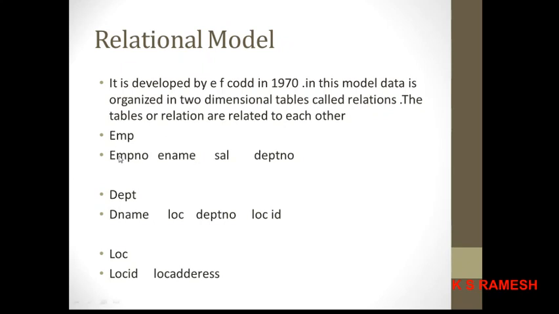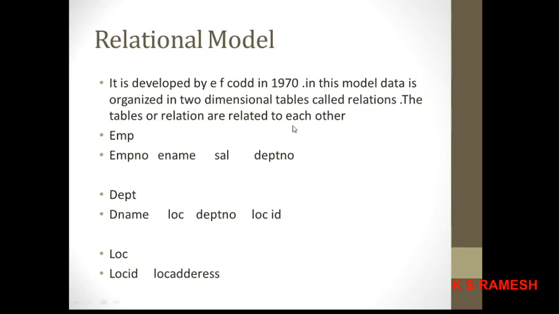How? Let us take three tables. We are not establishing the relation between the EMP table and LOC directly. With the help of the DEPT table, we are establishing the relationship between the table EMP and LOC.